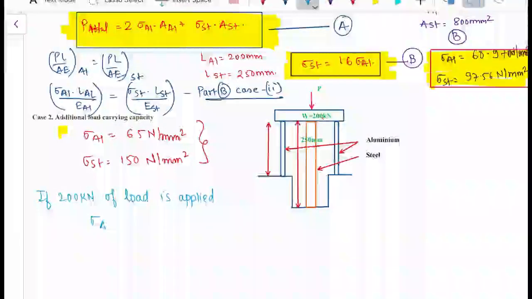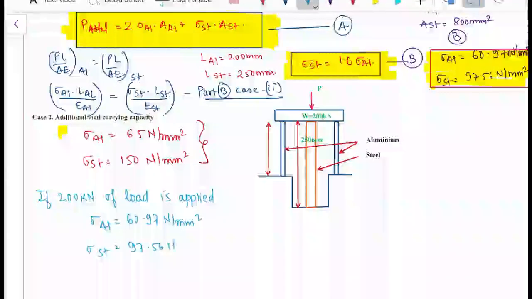Stress on the aluminum bar will be equal to 60.97 Newton per mm square, and stress on the steel bar will be equal to 97.56 Newton per mm square. So this is for 200 kilonewton of load.